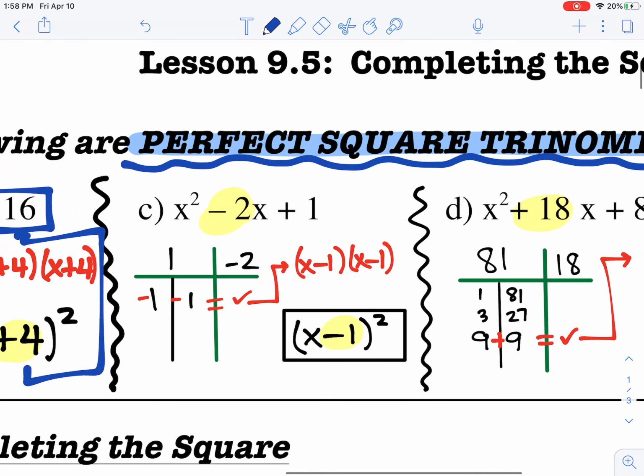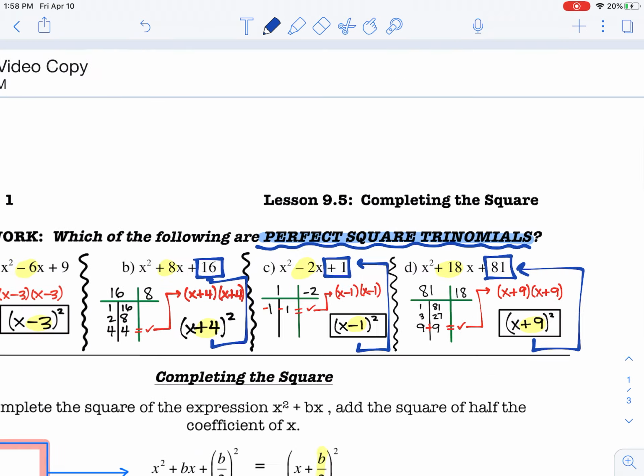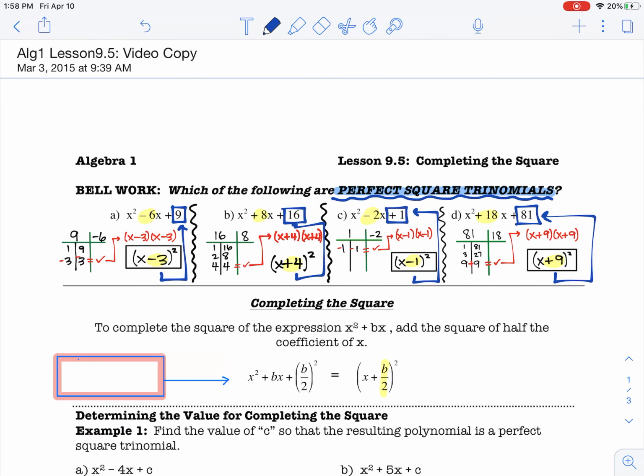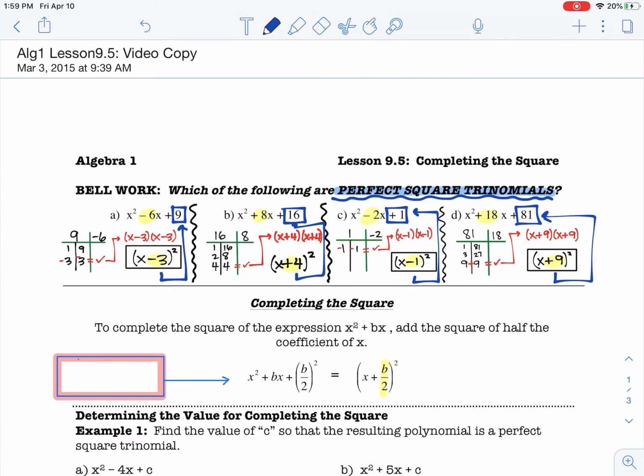Let me go ahead and mark them all real quick. So 1 to 1. And in this case, we have 9 to 81. So you'll notice in all 4 of those examples, a 3 to a 9, 4 to a 16, 1 to a 1, 9 to an 81, all of those C terms are that value inside, that number squared.